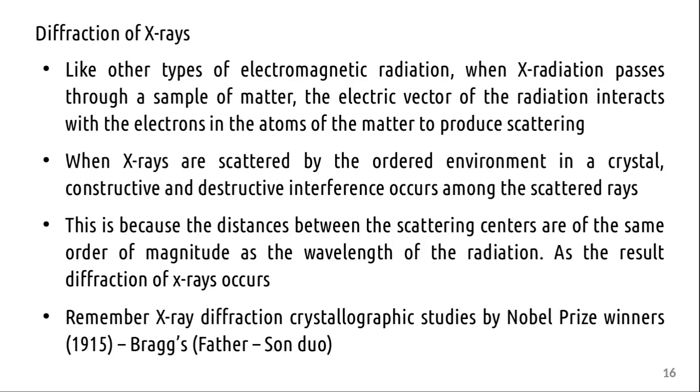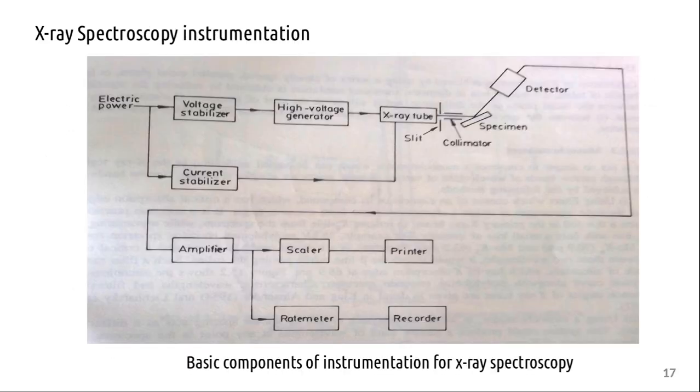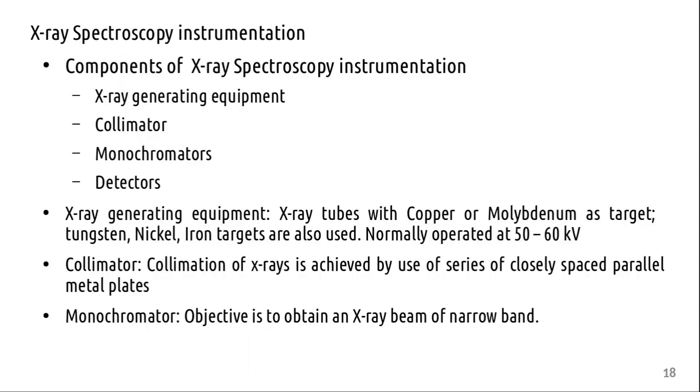I have included material in the classroom. Do refer to it. This is the spectroscopy instrumentation. There will be an X-ray source and a collimating arrangement to get a narrow beam. The collimator is usually metallic plates, fin-like structures.